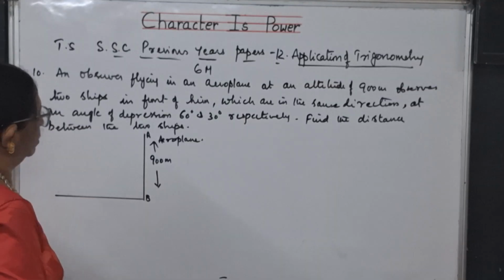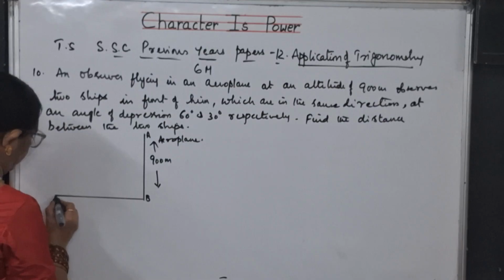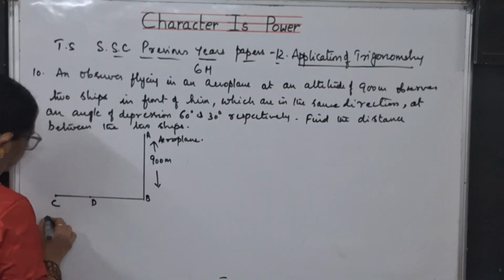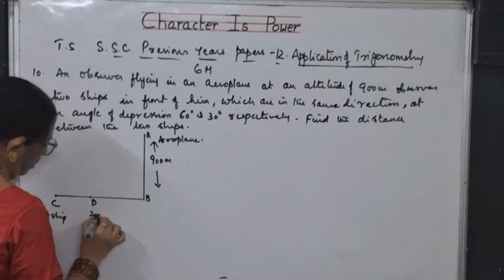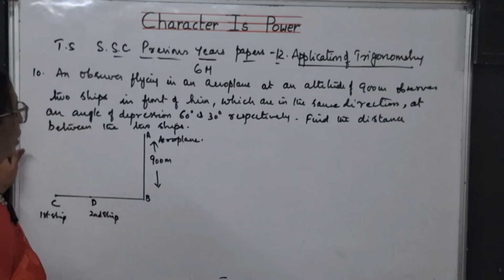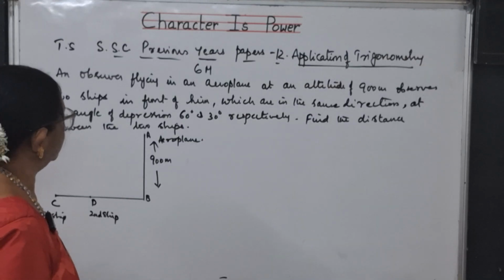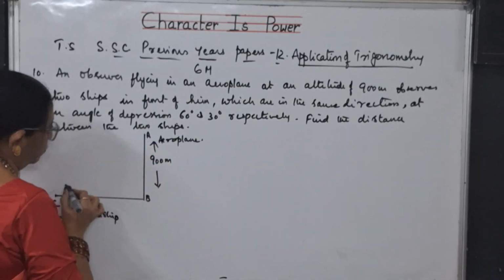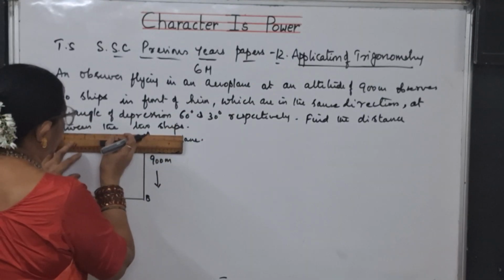He has observed two ships in front of him which are in the same direction. Let me write, it is one ship and this is another ship. First ship and second ship. From here he is observing these two at an angle of depression of 60 degrees and 30 degrees.